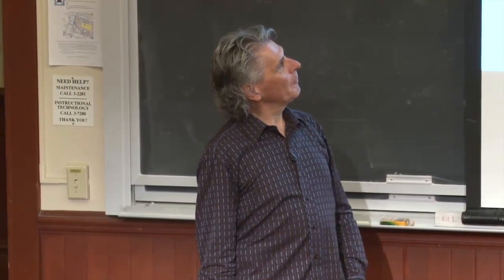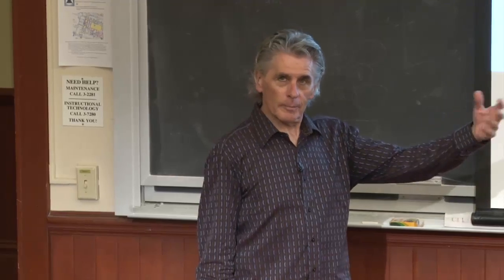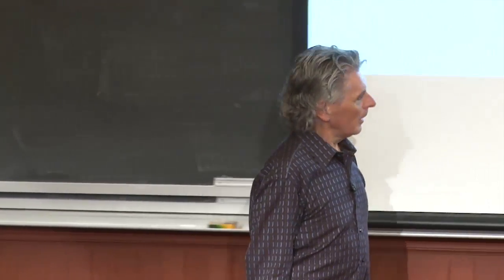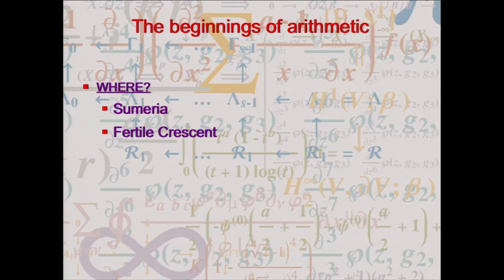Now let's look at the beginnings of what led to modern mathematics and arithmetic, with numbers, addition, multiplication, subtraction, and I guess some kind of division came in. Originally, though, just addition and subtraction.